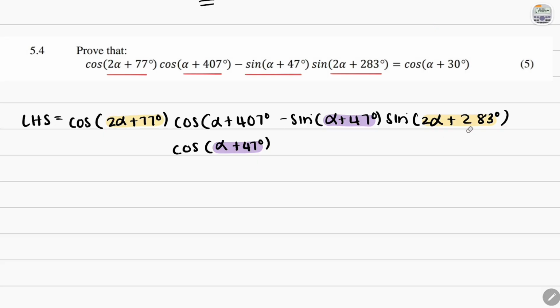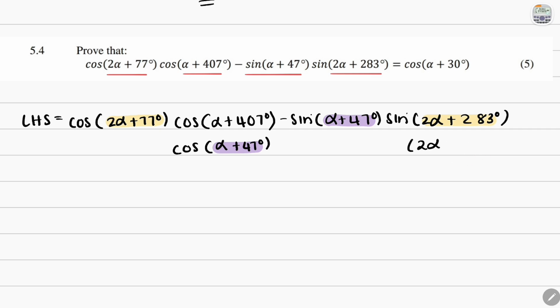So what could have been used here was the same idea we used here. You see how that was 407 degrees? And then when we take out 360, it becomes 47 degrees. Then this, right, could have been an angle 2 alpha plus 77 degrees. And this could have either had 360 degrees added to it or even 360 degrees subtracted from it, meaning it could have looked like this.